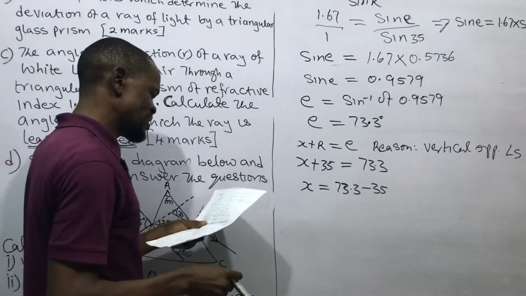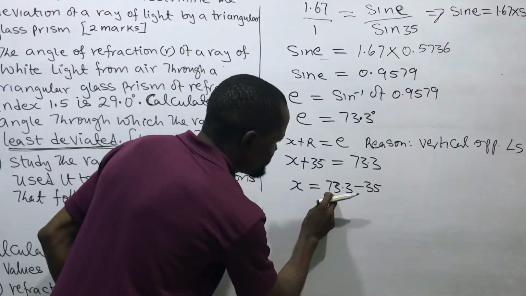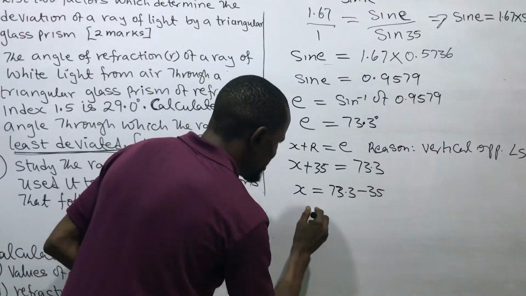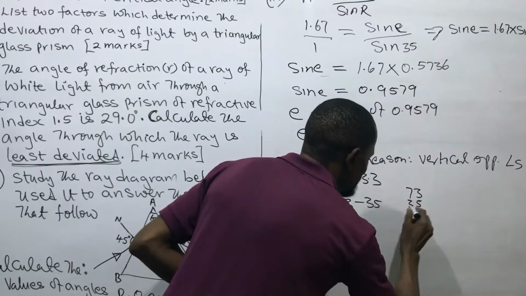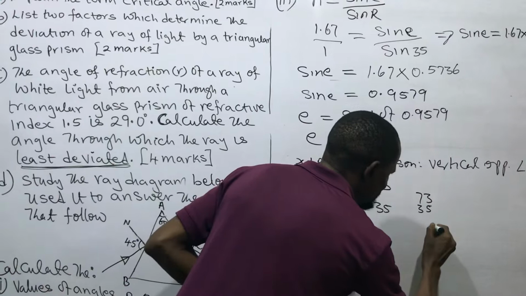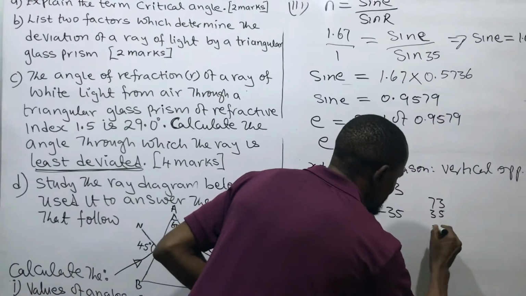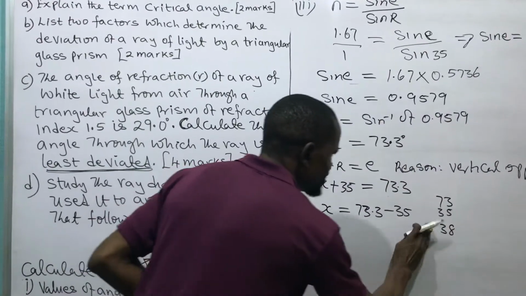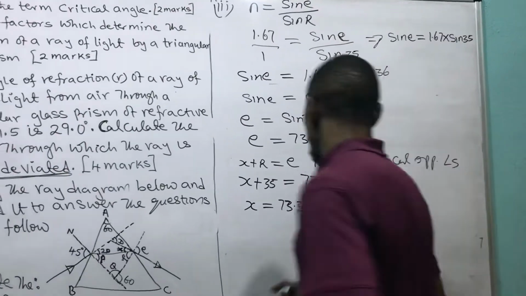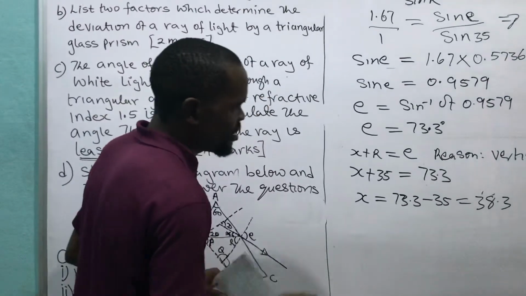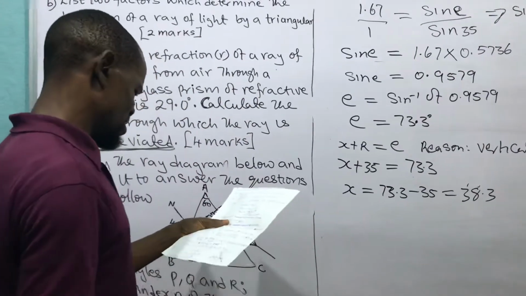If I subtract 35 from here, it will give me 38.3. This will give me X equals 38.3. Am I correct?